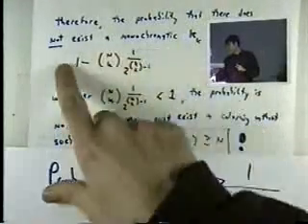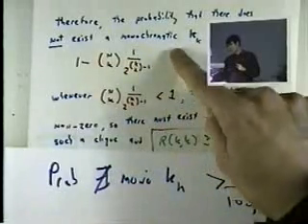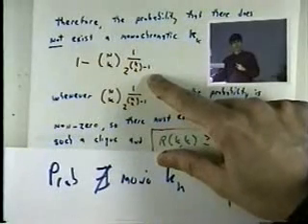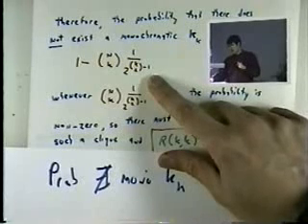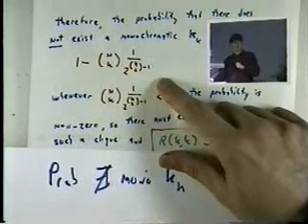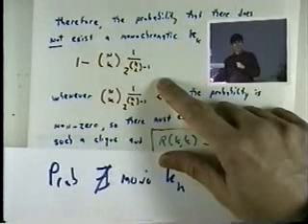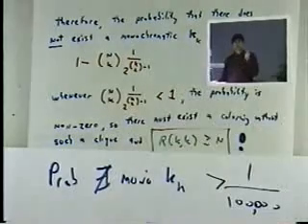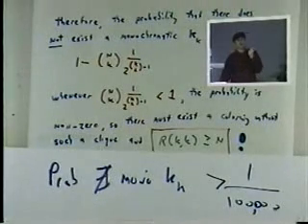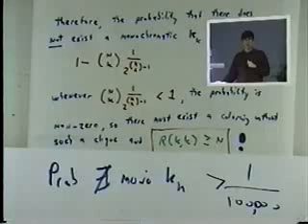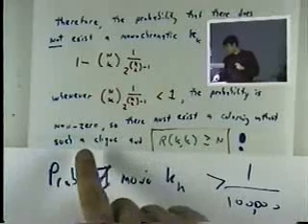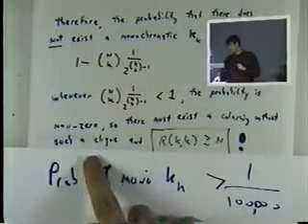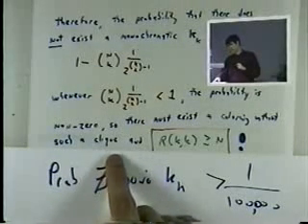The probability that there does not exist such a one is at least this. That means that with some probability I am going to get one. If I can get one, that meant there had to be one there to be gotten. This is sort of the punchline. If the probability is non-zero, there must exist such a coloring.